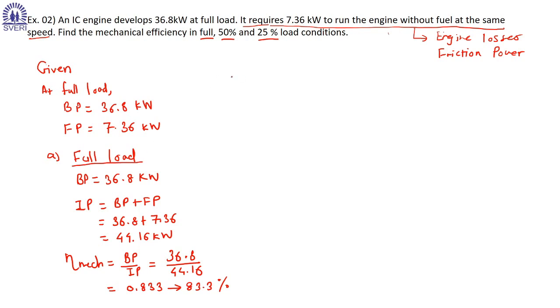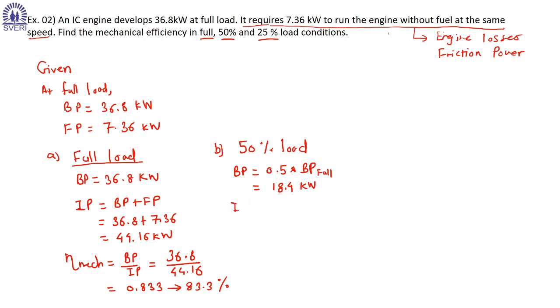Now part B is your 50% load condition. So the brake power will be equal to 50%, that is 0.5, of the brake power applied at full load condition. So this will be equal to 18.4 kilowatt.